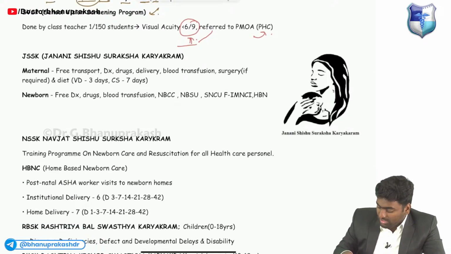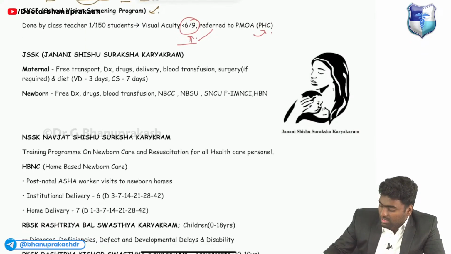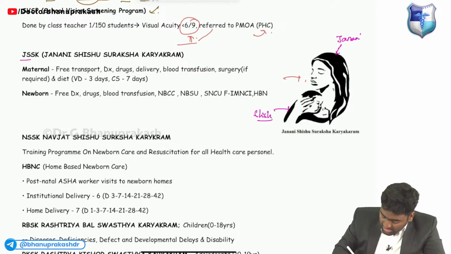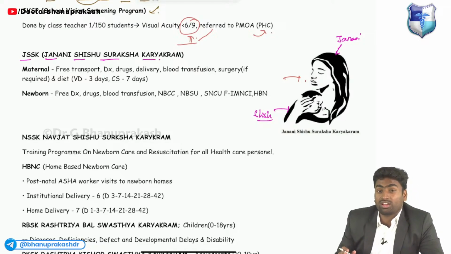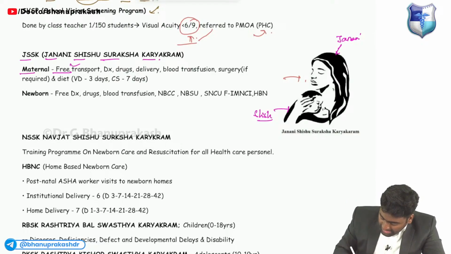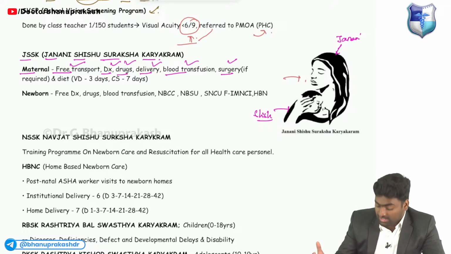Then this logo is also asked in NEET PG. If you see, this is the Janani and the Shishu. So Janani Shishu Suraksha Karyakram means the mother should be good and the newborn should also be good. For the mother there is free transport, free drugs, free diagnosis, free delivery, free blood transfusion, and free surgery like cesarean section.